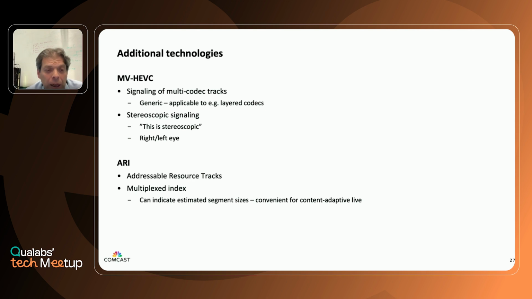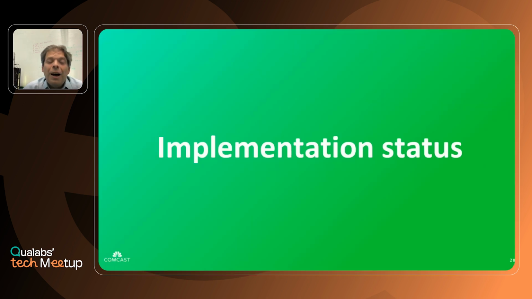So this is a multiplexed index, and the attempt there was to make something like SIDX more amenable to live. So it can indicate sizes or estimated segment sizes, and it's very convenient for things like content adaptive.